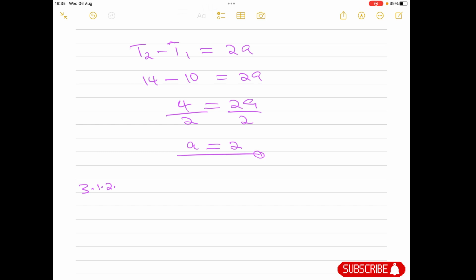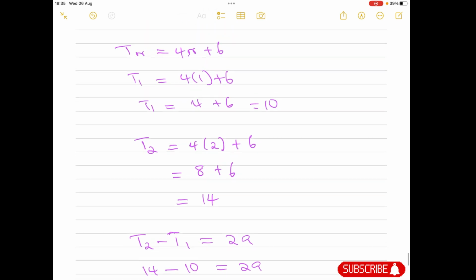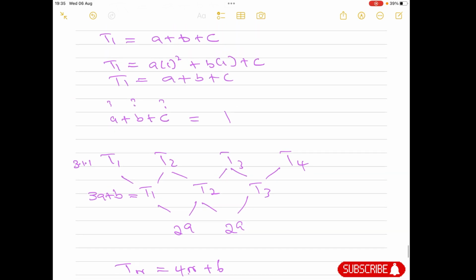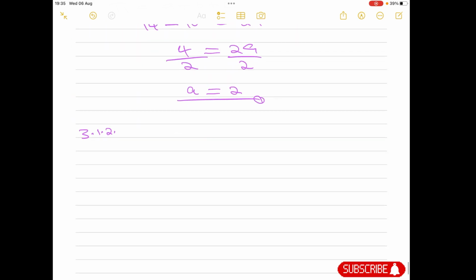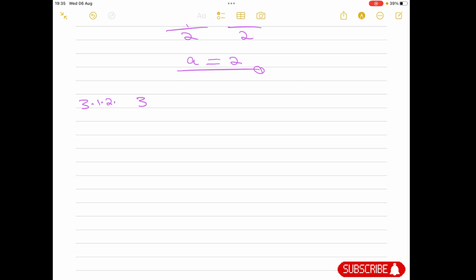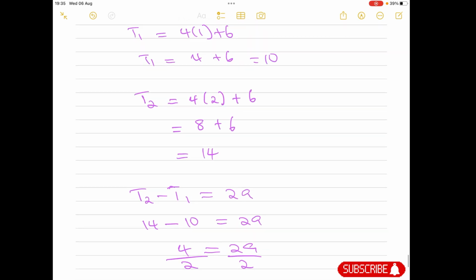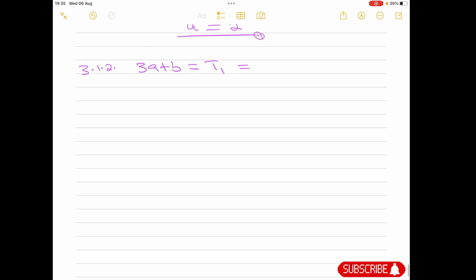It's B and C. What I know is that T1 of the first difference is equal to 3A plus B, and I told you that T1 is equal to A plus B plus C. So I'll just go straight here. I'll say 3A plus B is equal to T1 of the first difference, which is 10.